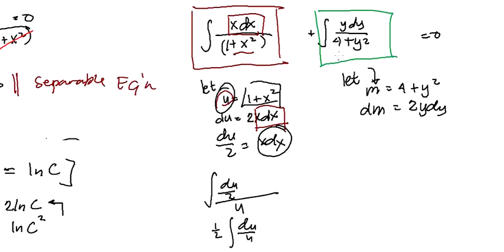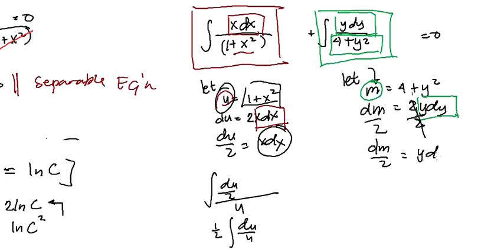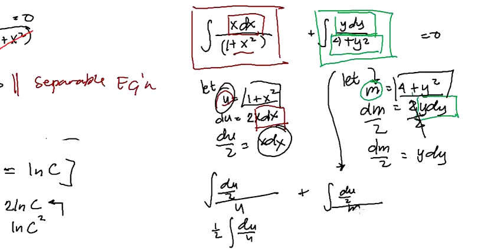So by checking, we have 4 plus y squared, which is equal to m, and we have here y dy already, but we need to divide both sides by 2 so that dm all over 2 is just equal to y dy, and we can now simply substitute the variable by having y dy is equal to dm all over 2, all over 4 plus y squared, this part here, is equal to m. So we have this part.